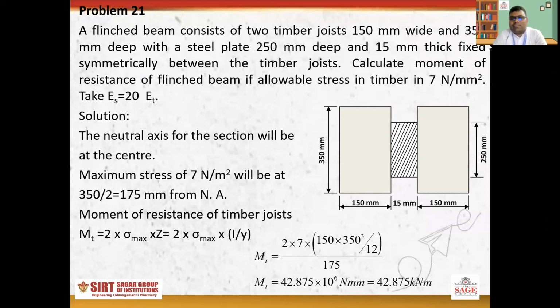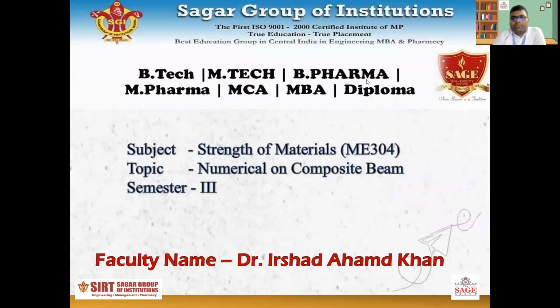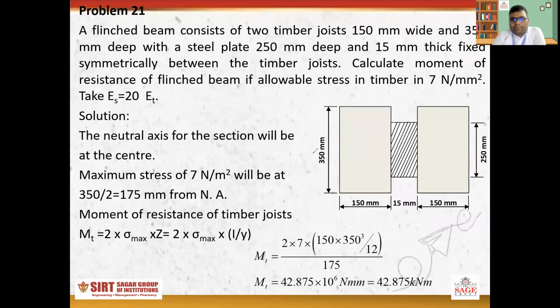This is the cross section of the beam, which is a composite beam. So we can draw a line between, and this is called the neutral axis. The neutral axis is passing through the center of the section.